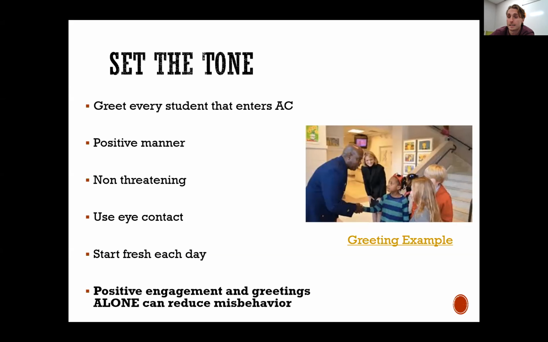But if we're greeting kids at the door each morning and filling them up with adult attention, it's less likely they're going to need to engage in those behaviors to get attention throughout the program. So if you can really fill those kids up and give them a lot of attention off the bat, for those kids that are engaging in disruptive behavior to obtain adult attention, you're actually doing a lot just in that step to prevent that behavior from starting in the first place.